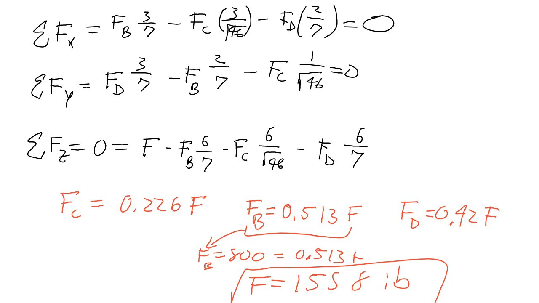By using unit vectors we got these three equations, combined them, and set the one with the greatest tension, the one with the biggest number with F, equal to 800. So if we apply this force to force C, it's going to be less than 800, and if we apply it here, it's going to be less than 800.